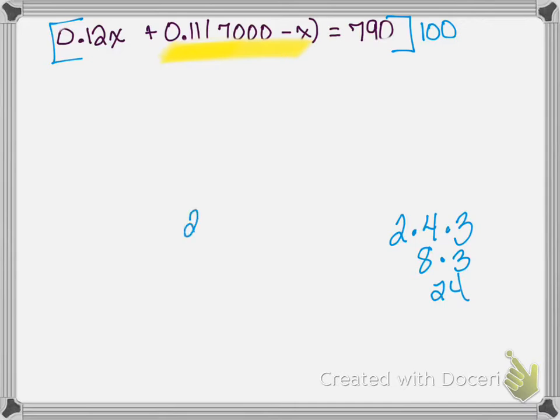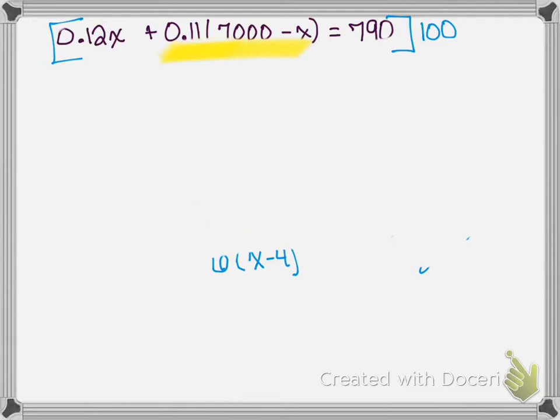What if I had 2 times 3 times x minus 4? What would I do first? 2 and 3. I'd multiply 2 times 3 together, and I would get 6. And what would I distribute here? The 6.